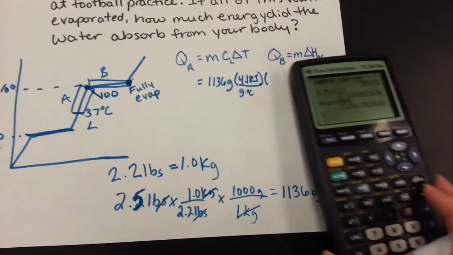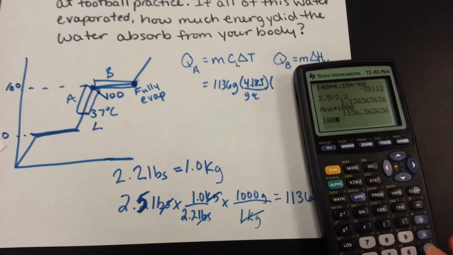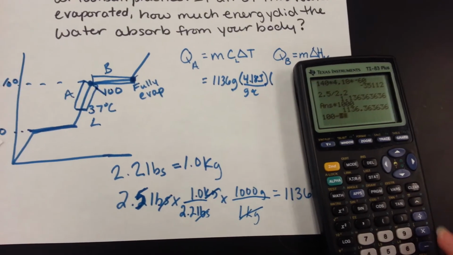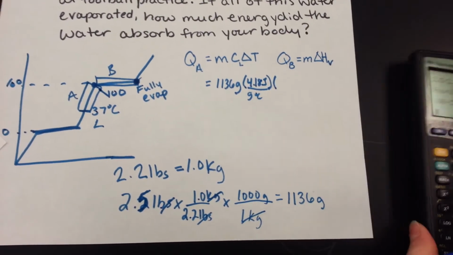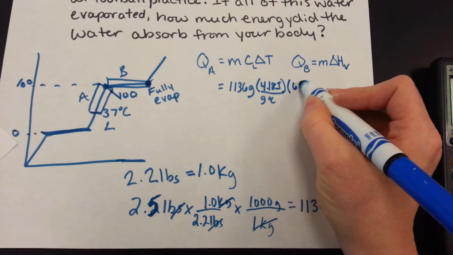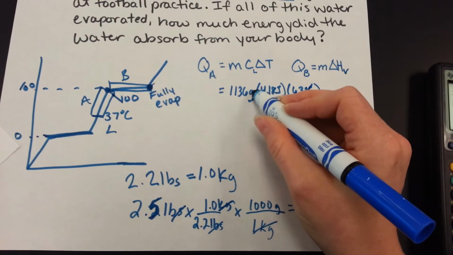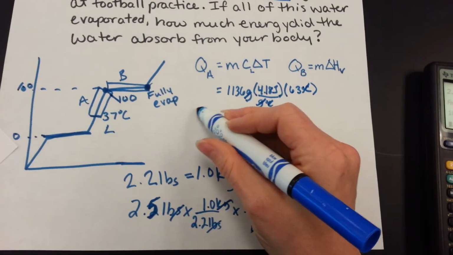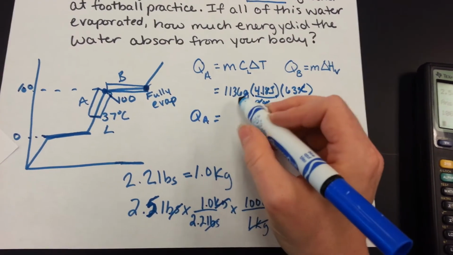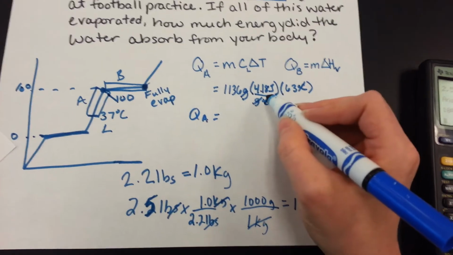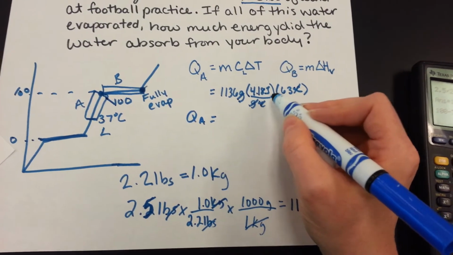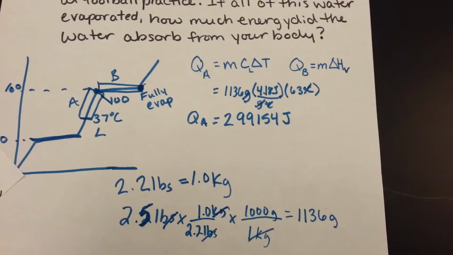So to get my change in temperature, I just do 100, which was the final for that section, minus 37. And that tells us that our change was 63 degrees. Degrees C cross out, grams cross out, and now we are multiplying, and we will know that Q_A is 1,136 multiplied by 4.18 multiplied by 63.